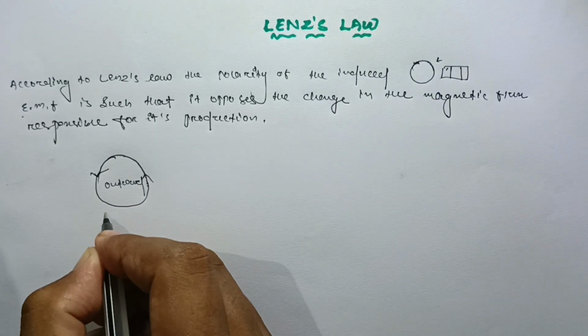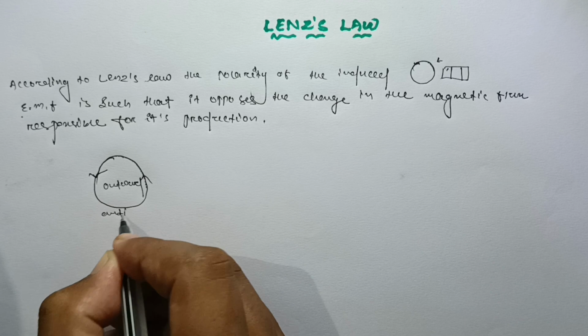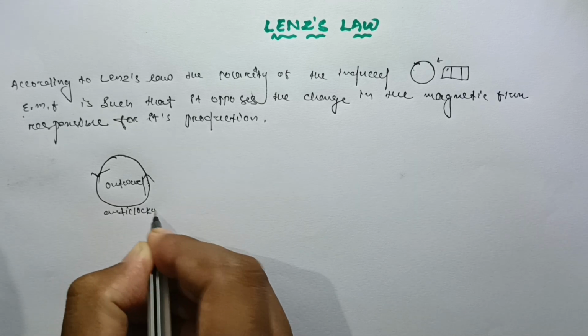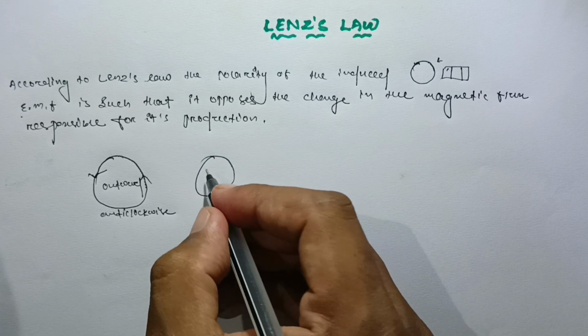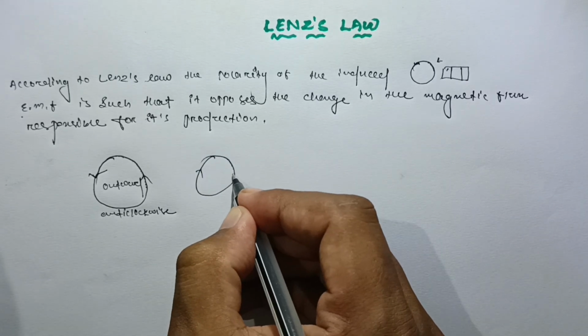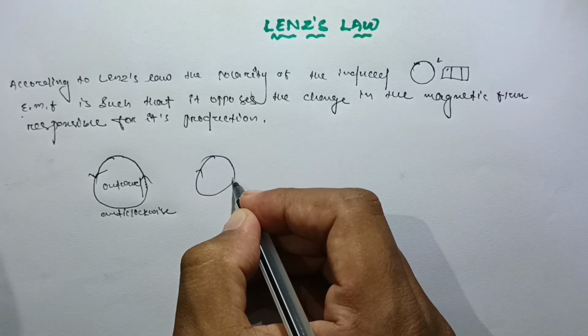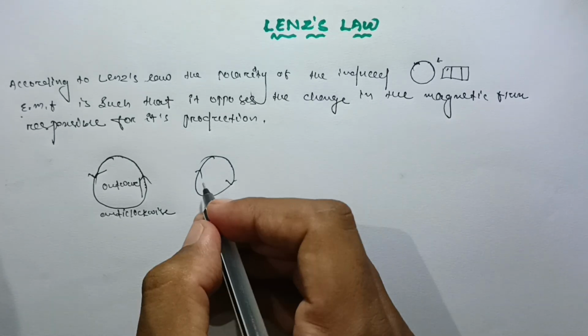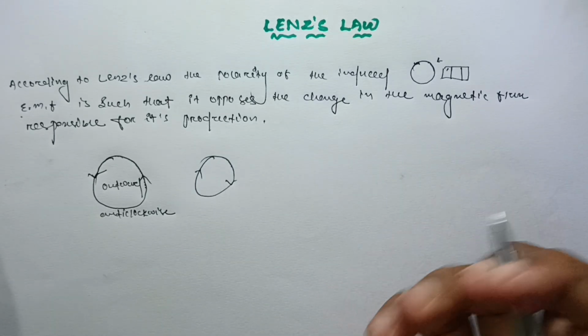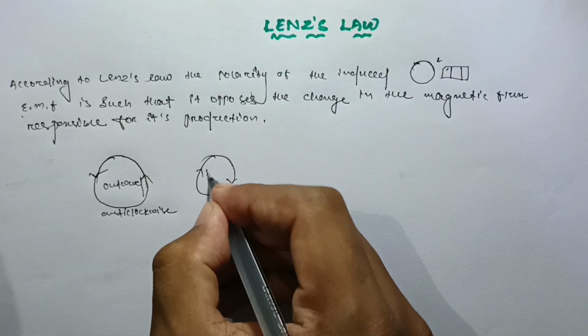If the current flows in clockwise direction, then the magnetic field direction will be inward, right?